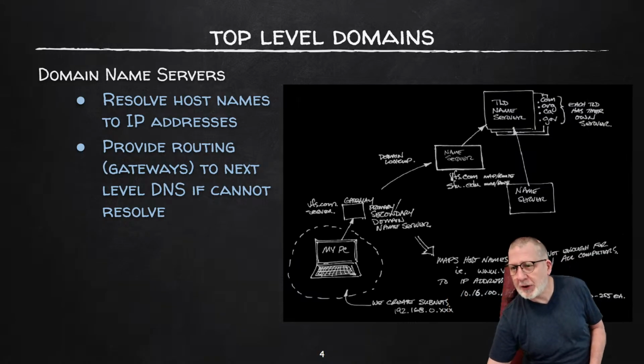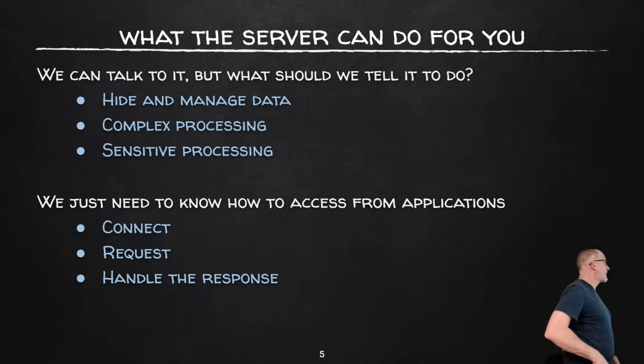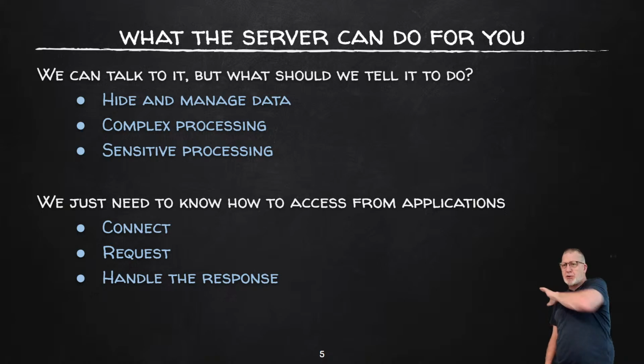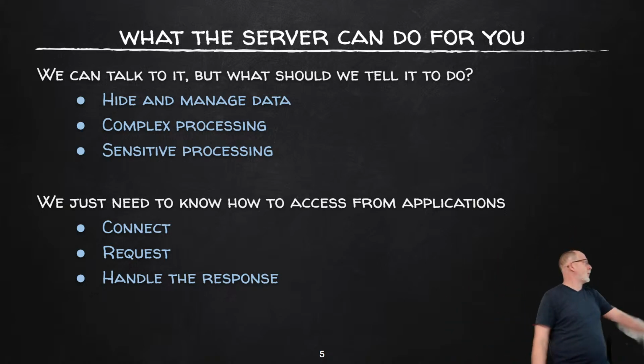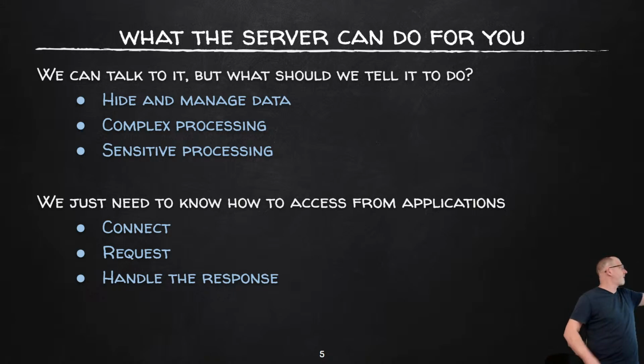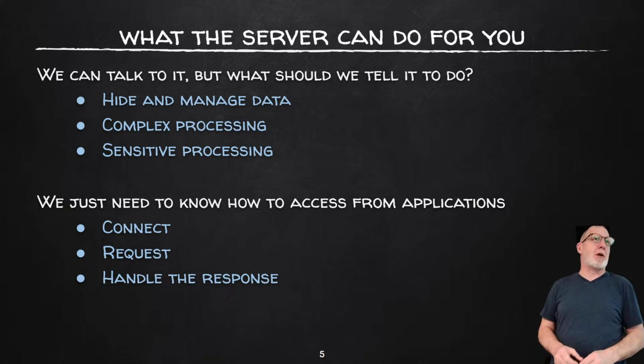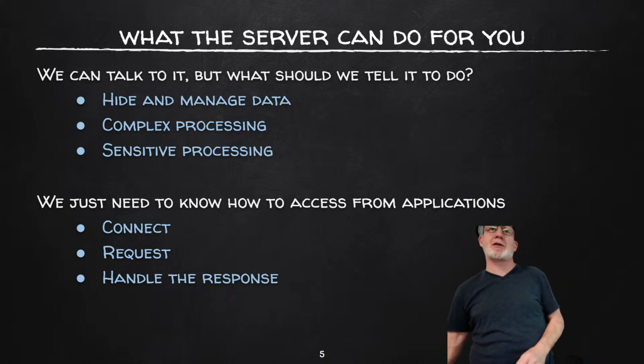And the trick with all of this stuff, this ability to hide and manage data, to do some complex processing on a third server, right? Some machine learning or artificial intelligence stuff. Or maybe you have some sensitive data that you don't want to expose or share somewhere.